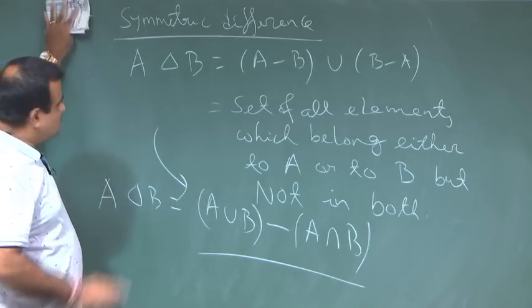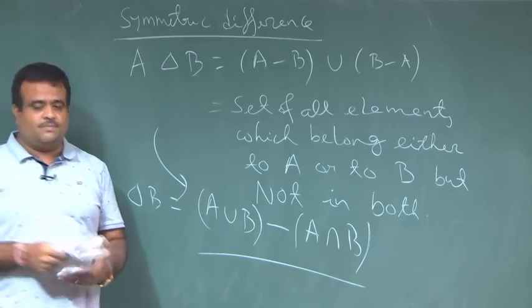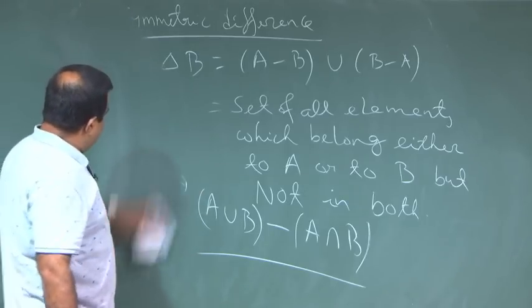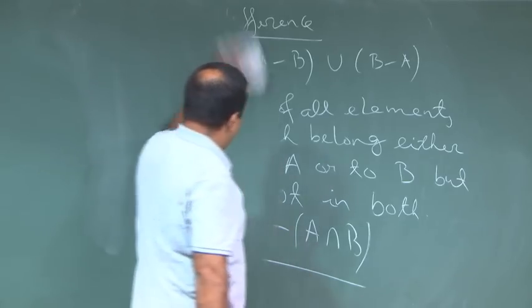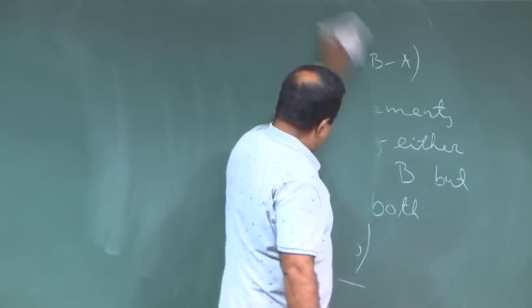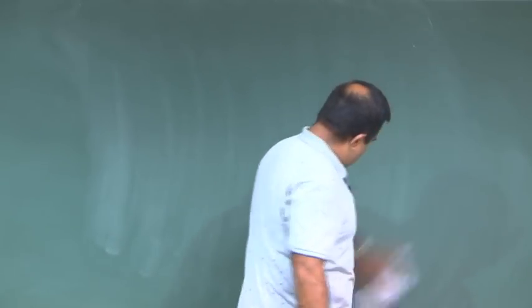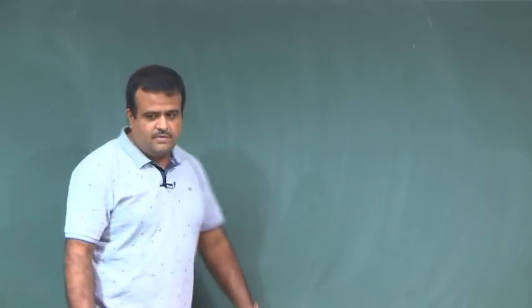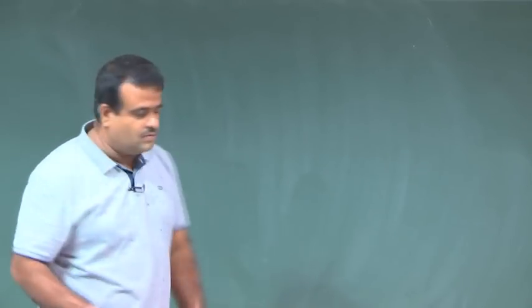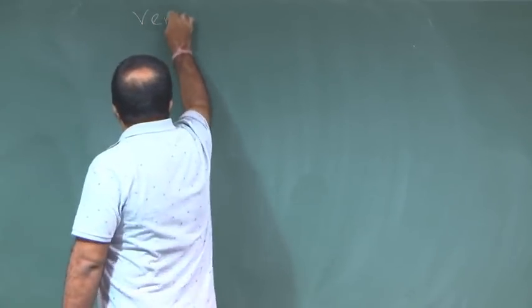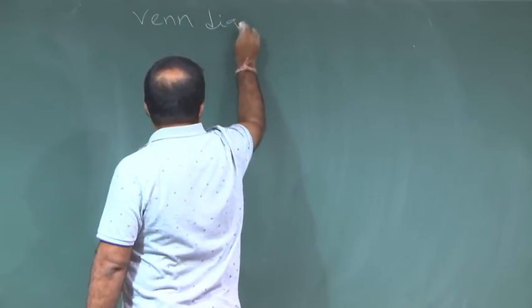Now, this is another set operation. Now, we will define the notation of Venn diagram, and then we will see using the Venn diagram most of the operations are very easy to prove. Venn diagram.